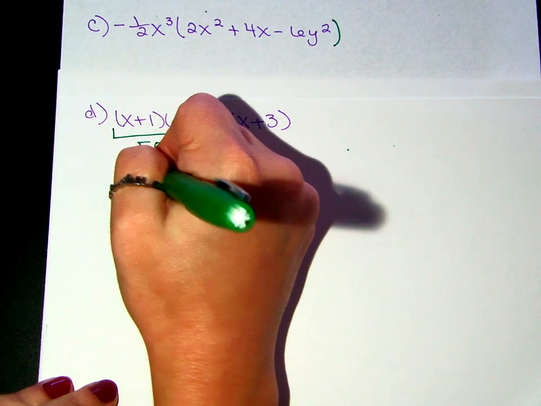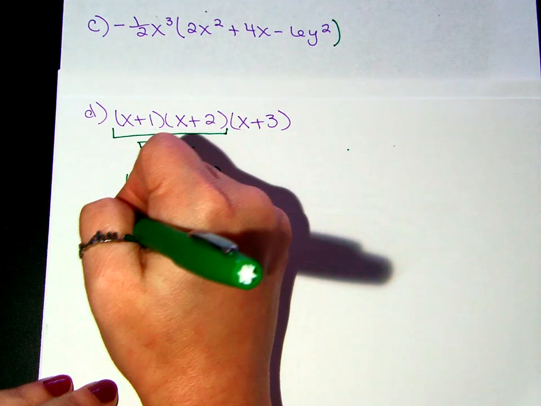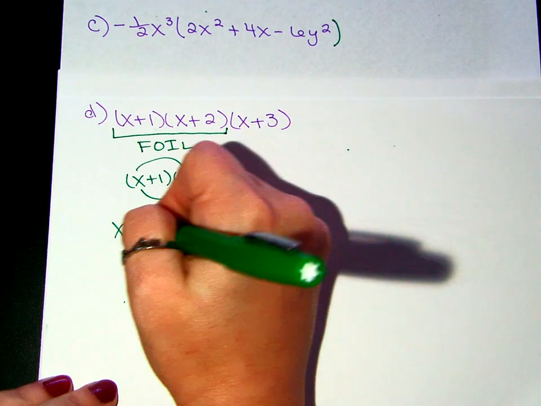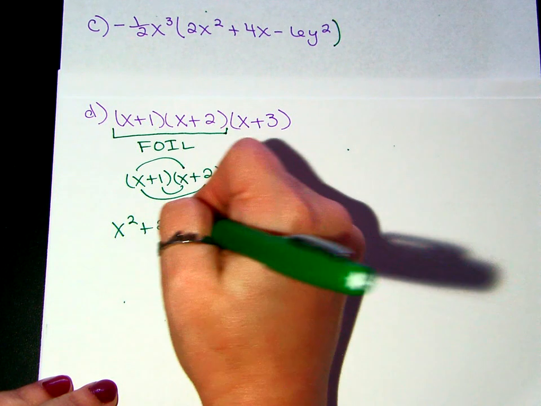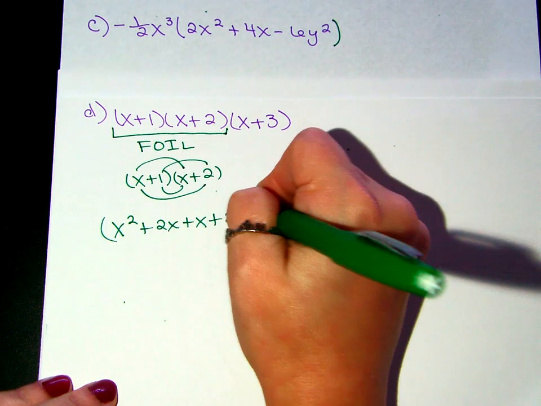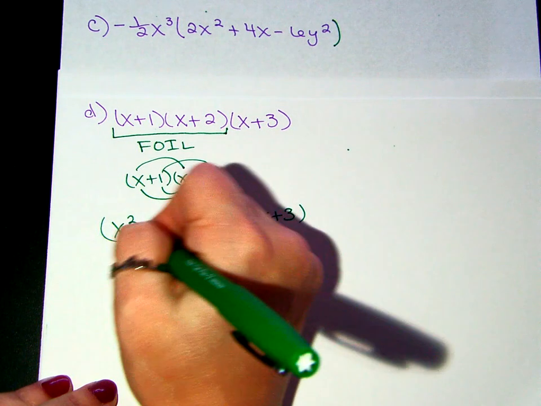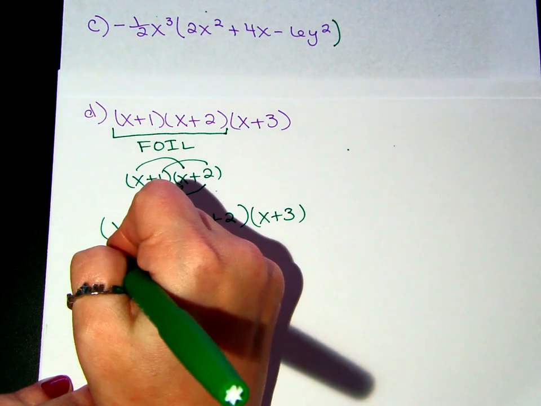So I'm going to take first, outer, inner, last. Combine these two middle terms because they can be simplified further. Nope, that's a 2.